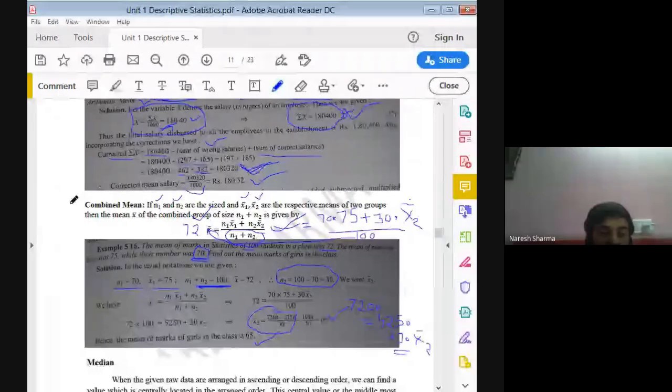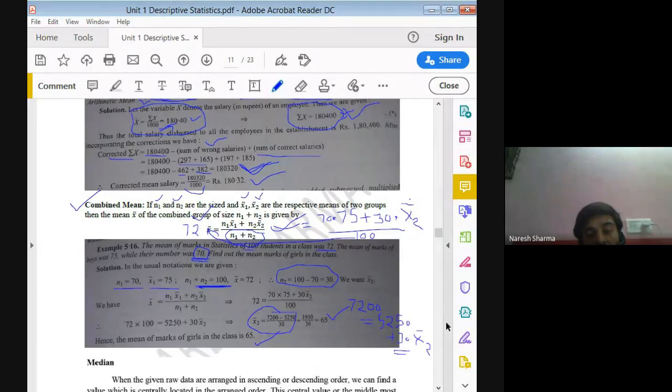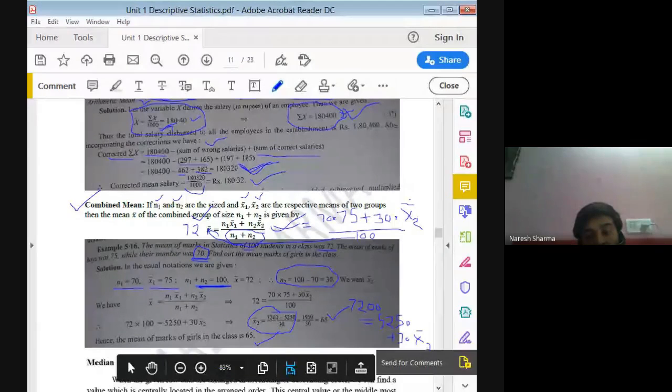Also we can use combined mean when you have two different kinds of data and need to calculate the combined mean of both. You can use the formula x bar is equal to n1 x1 bar plus n2 x2 bar divided by n1 plus n2. Okay, so thank you.